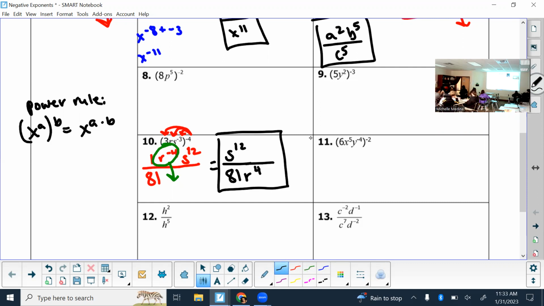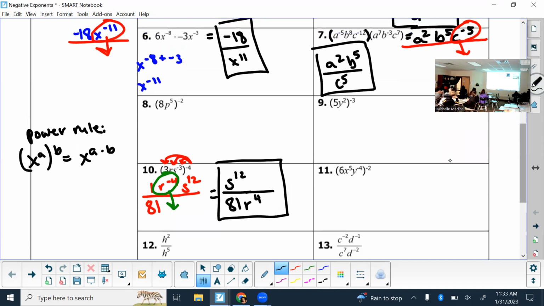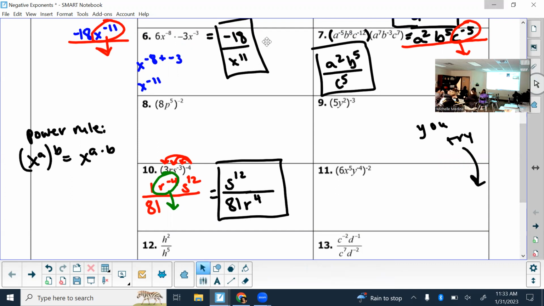All right, so then do you think you need to see another one like that, or do you think you can try something? You got it? Okay, try 9 and 11 then. Of course, we go over them anyway, but just try those, see if you get them right. It's better to get them wrong now when we're taking notes versus when you're practicing or on a quiz.